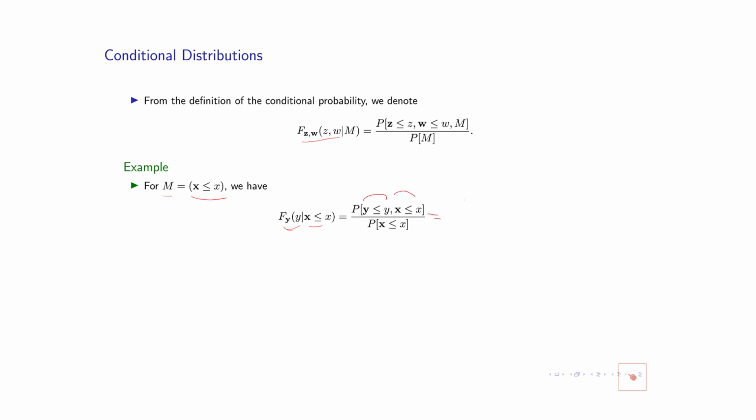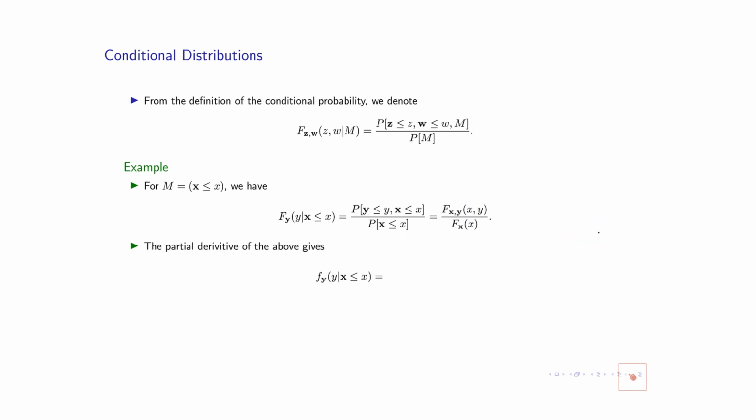Basically, this is equal to the joint CDF of X and Y at point x, y, divided by the marginal distribution of X, F_X of x. And remember that this is equal to F_XY of x and plus infinity. So if you replace this y by infinity, you get the denominator.